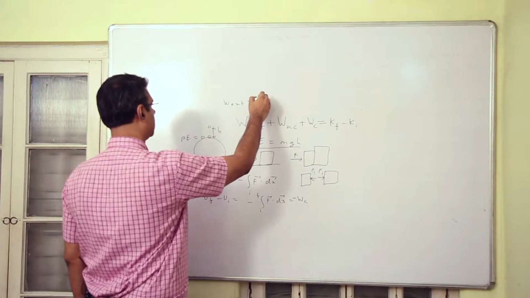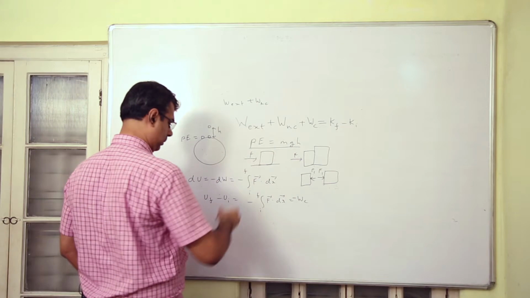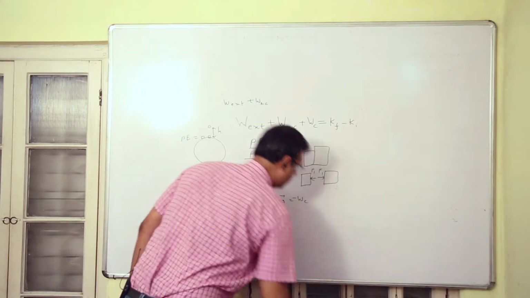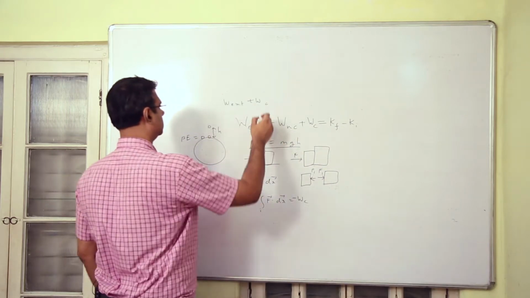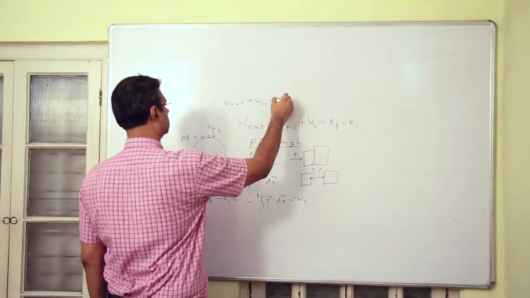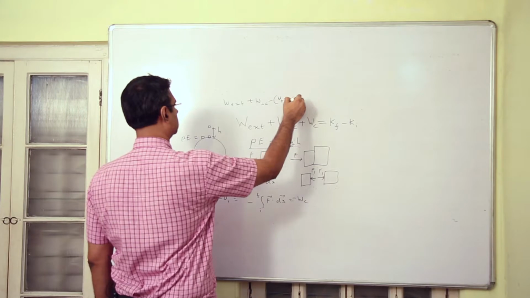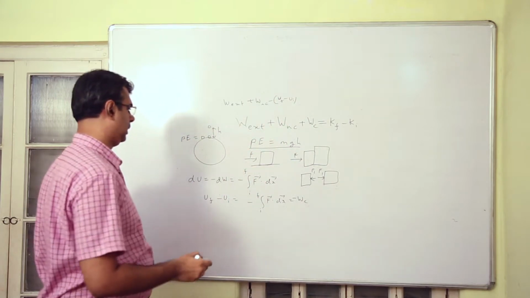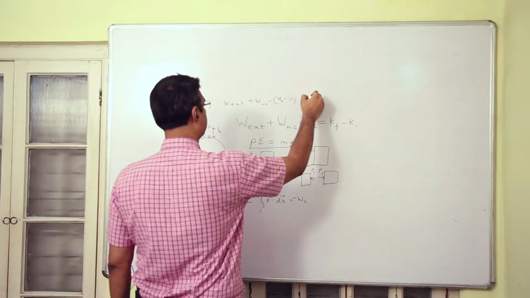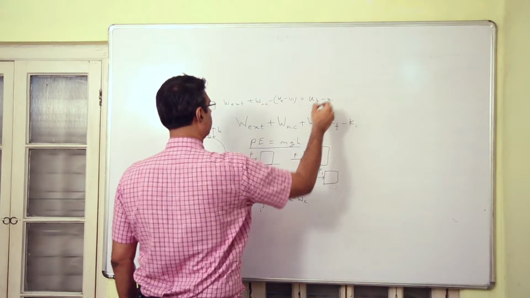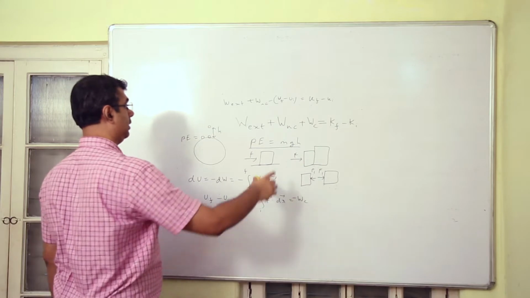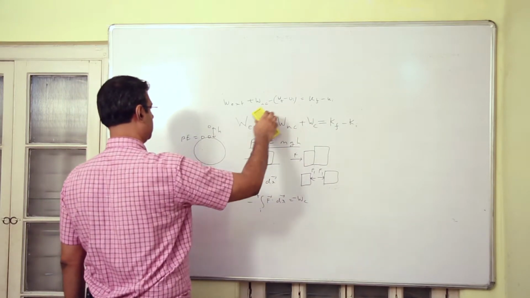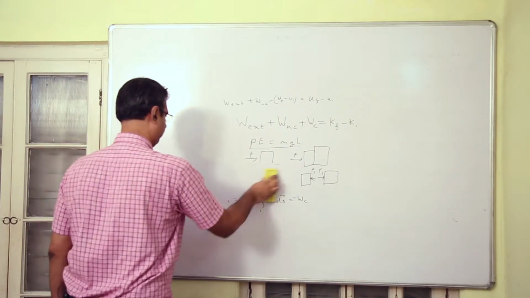WEXT plus WNC minus (UF minus UI) equal to KF minus KI. So what I have done is I have removed WC and written minus of (UF minus UI).